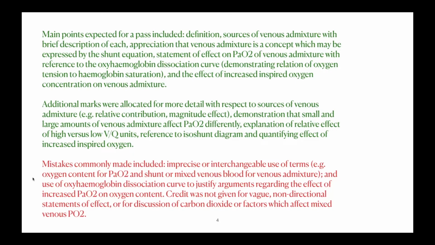So just be aware that using the wrong terminology really changes a lot of the concepts that you're trying to describe. Okay, so when you are writing your answers, be aware that oxygen content, partial pressure of oxygen, shunt, and venous admixture are all different.